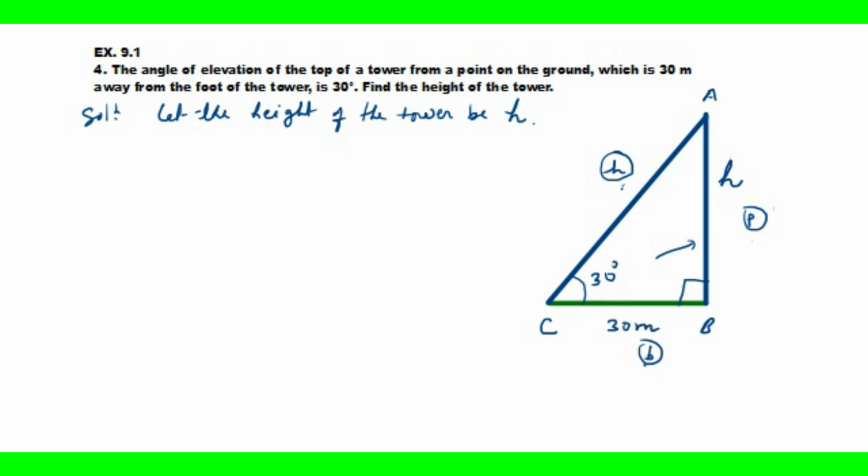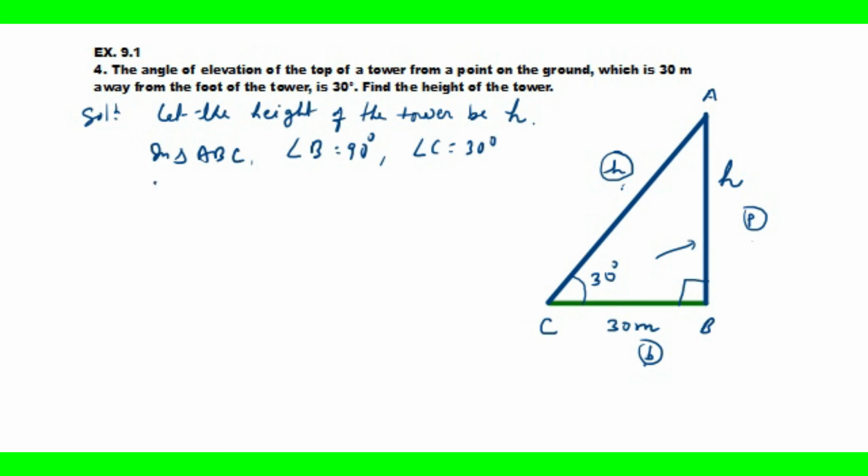So in triangle ABC, angle B is 90 degree and angle C is 30 degree. Which ratio do you have to take? Definitely tan. Good.